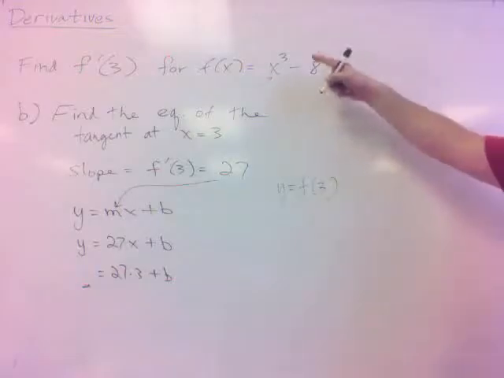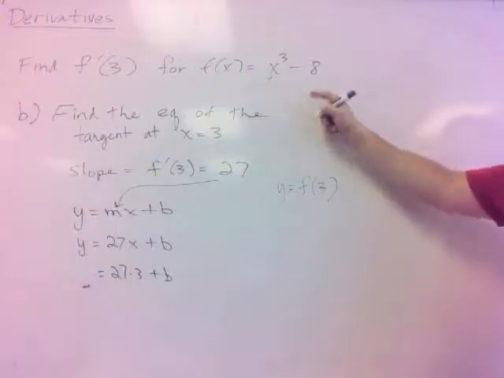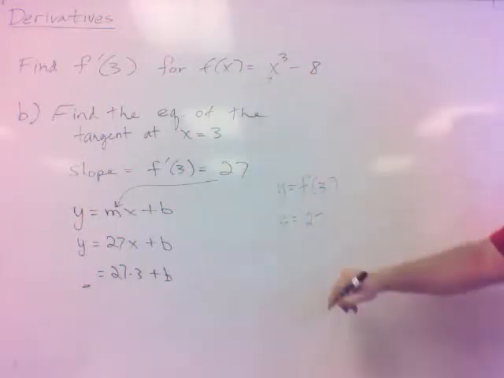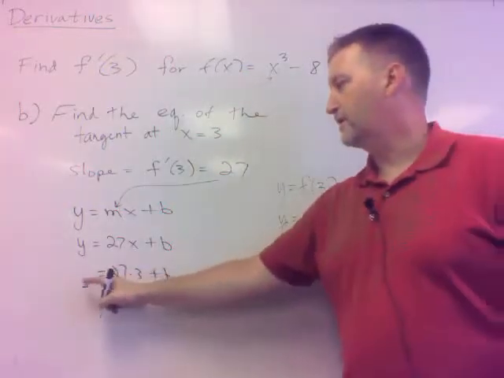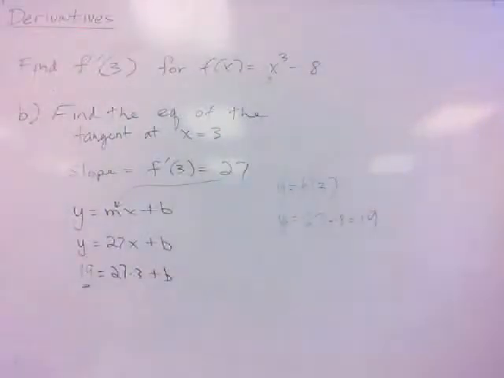So that goes all the way back to the original function, doesn't it? The function value at 3 would be 27 minus 8. Plug in 3 cubed minus 8, 19. So that y that goes with x equals 3 would be 19. Is that okay? It may not give that to you, you just have to go back to the original function.